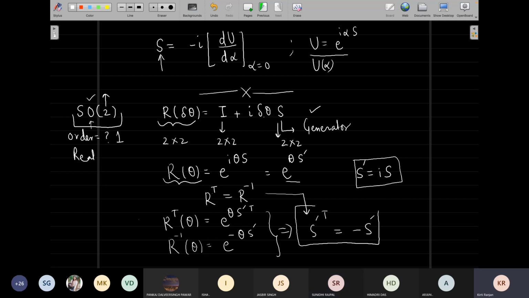What kind of matrix would S prime be, which has this property, matrix transpose is equal to minus of itself? Skew symmetric, excellent. So we already know that the matrices we are going to talk about are skew symmetric. Just by knowing the property of these orthogonal matrices, I can immediately say that this S prime is nothing but skew symmetric. Can you also tell me what kind of matrix S will be, if S prime is skew symmetric? Skew.